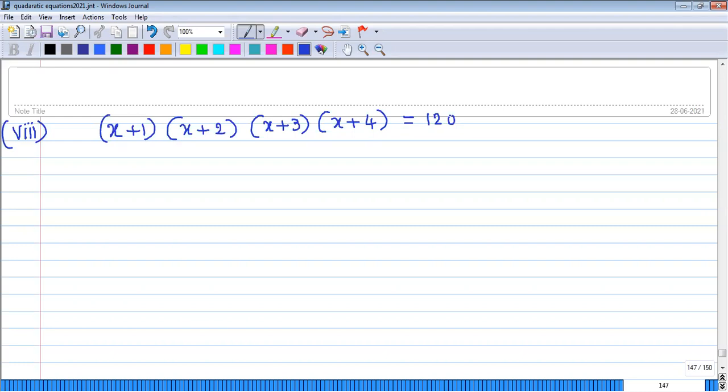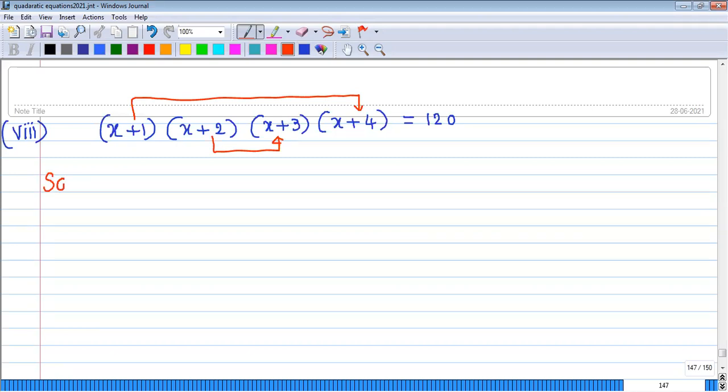Here we need to first rearrange the product on the left hand side. How could we arrange? 1 plus 4 is 5, and 2 plus 3 is 5. First you multiply (x+1) into (x+4) and (x+2) into (x+3).